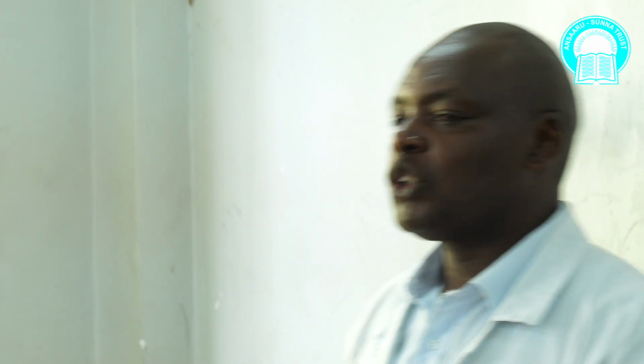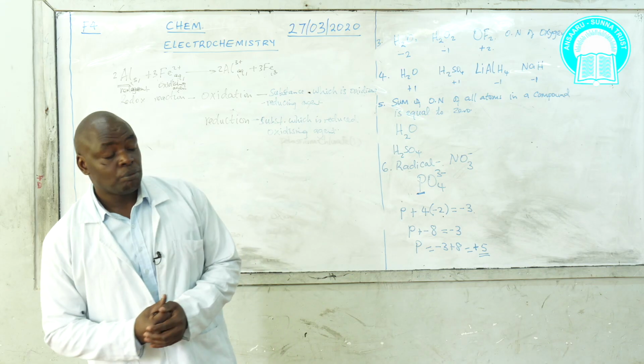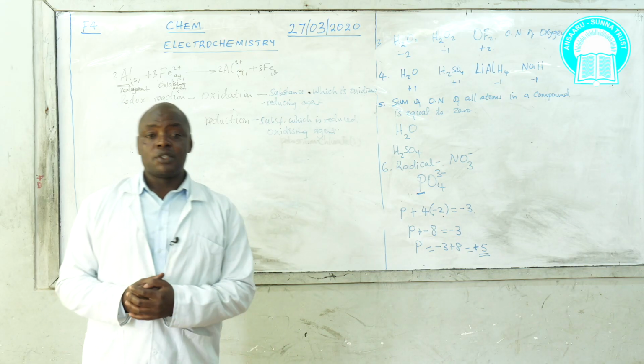We have also seen the rules required in assigning oxidation numbers, how oxidation numbers can be used to keep track of electron movements in a chemical reaction, and how we can use them in naming compounds using the IUPAC system.